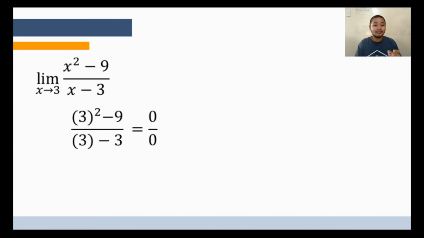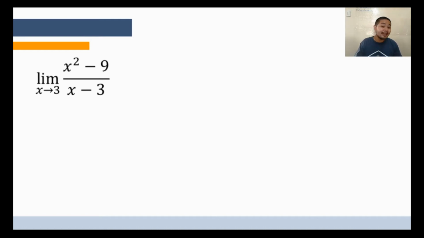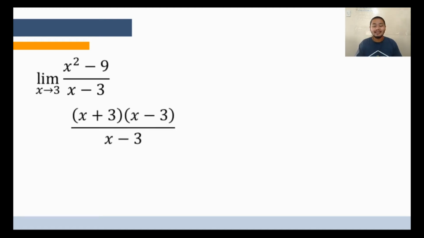Ang ibig sabihin nito, kailangan natin mag-factoring. Kasi hindi pwede na ganyan yung magiging sagot natin. So, yung x squared minus 9 magiging x plus 3 times x minus 3. In this case, pwede na nating ma-cancel yung x minus 3 sa numerator and sa denominator.